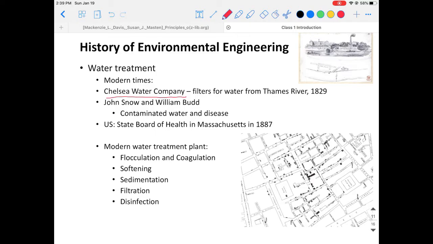So basically, this is a map of London city. Okay, so what they found out is that the areas that have a higher population getting diseases are concentrated in certain areas. So they basically sampled water from these areas, and then they realized that it's because of the microbes, for example, different types of bacteria in the water that are causing these diseases.